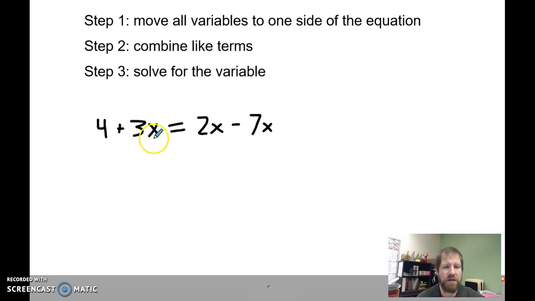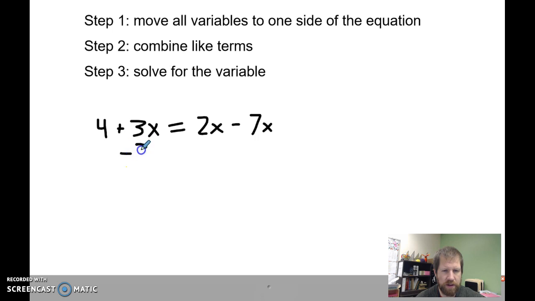But because I just have one of my variables here, and I have my constant here, it's going to be easier for me to just move this variable over. I will have to deal with the negative number, but it's going to be less steps and easier for me to do that than to move both of these over and then to move this constant over. So I'm going to do that.